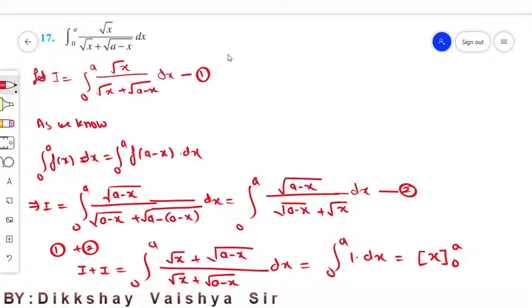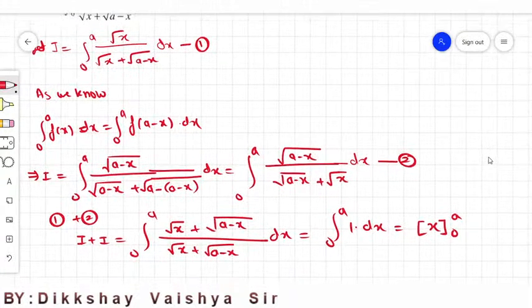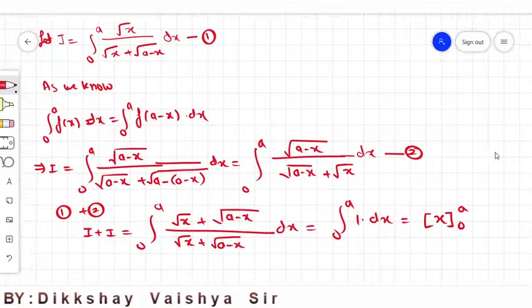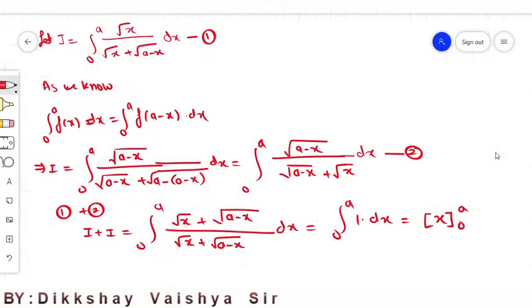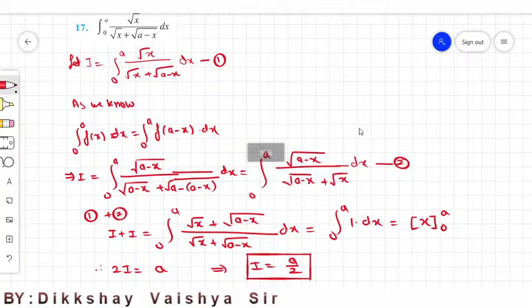So finally, 2I is equal to a, therefore I is equal to a upon 2. Screenshot of this one.